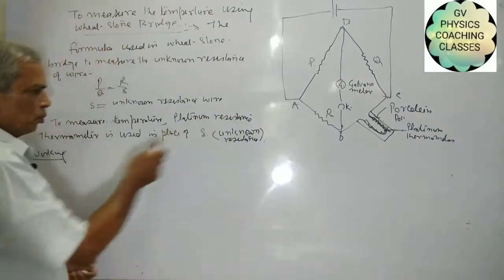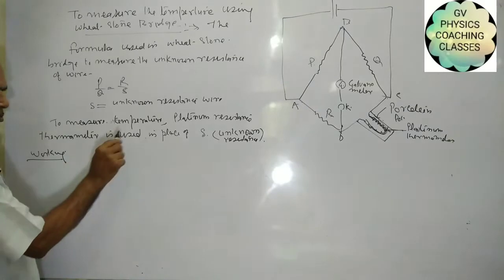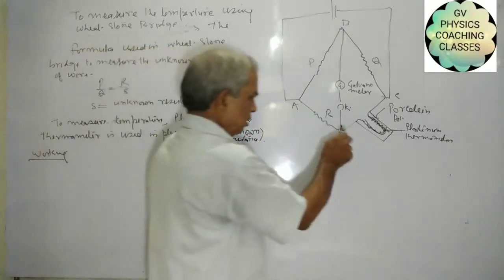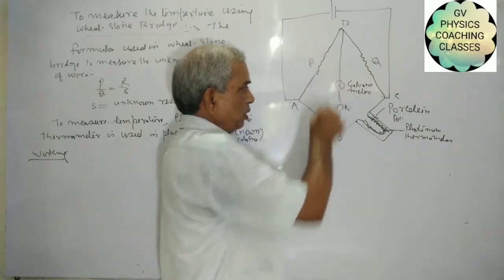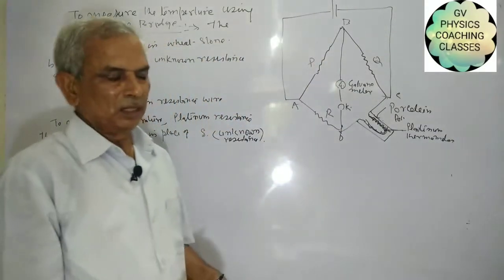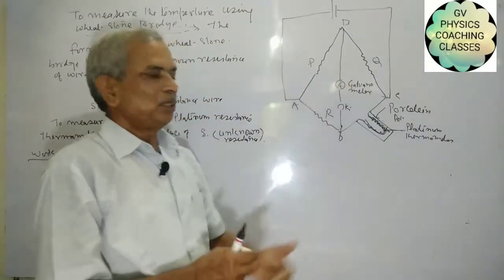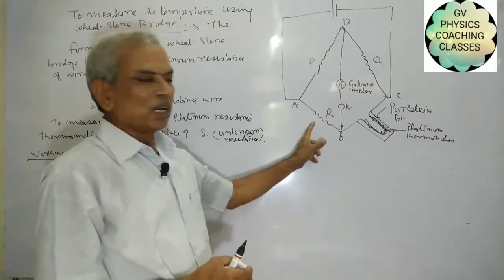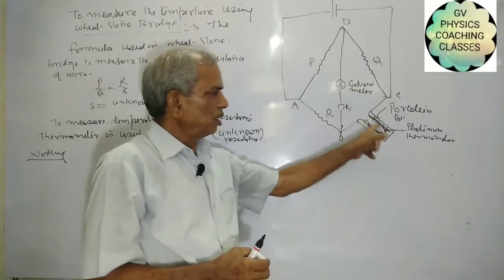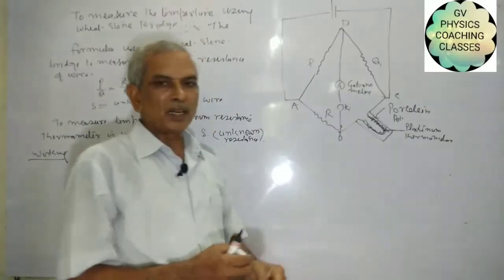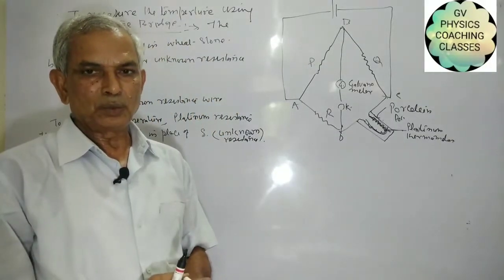Then we change this R till the pointer of the galvanometer shows zero current, for the value of the resistance of this wire at temperature 0.